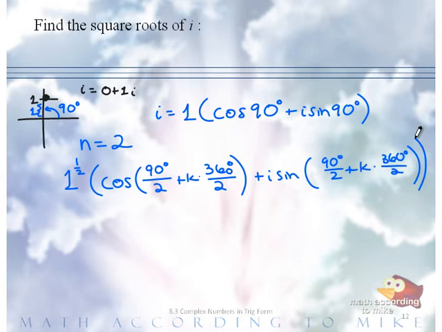So our theta is 90 degrees, our n is 2, k is just k. Let's clean up the arguments. What is 90 over 2? And what's 360 over 2?